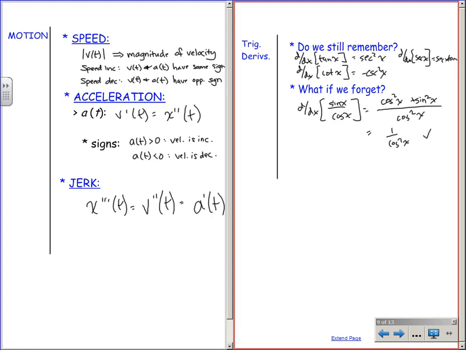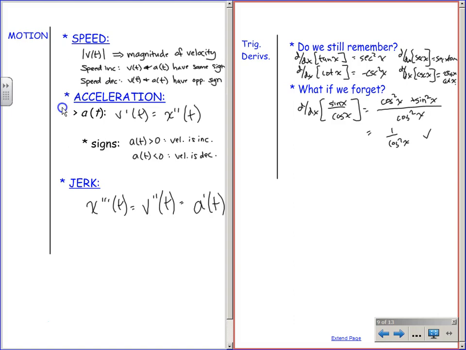Wouldn't that just be the derivative of 1 over cosine, or cosine to the negative 1? Bring down the negative. Derivative of cosine is a negative sine, and negative times a negative is a positive. Well, and there's more quotient rule stuff. And then derivative of cosecant. Negative cosecant x cotangent x.